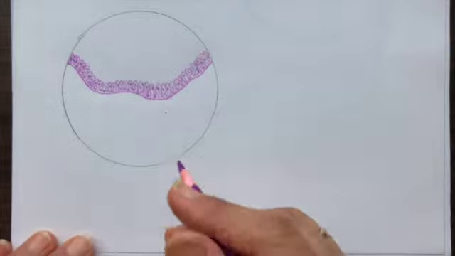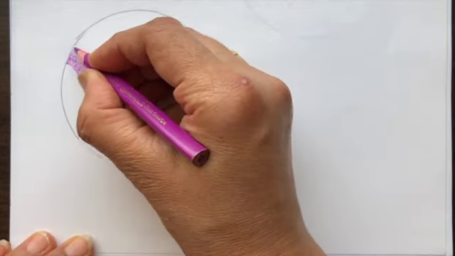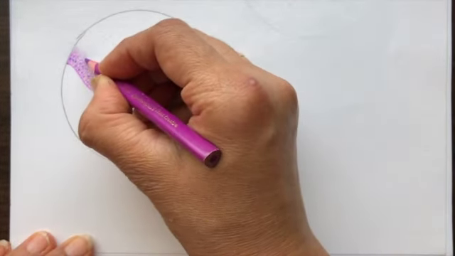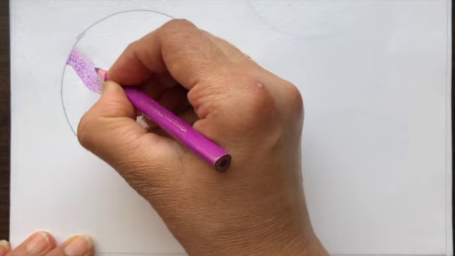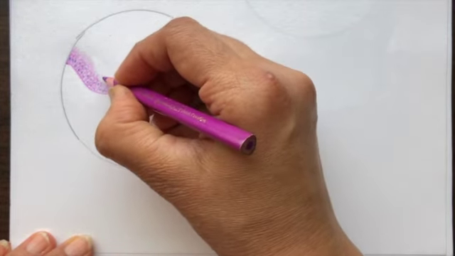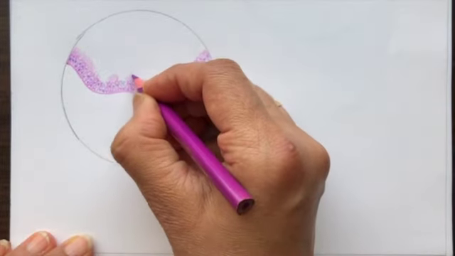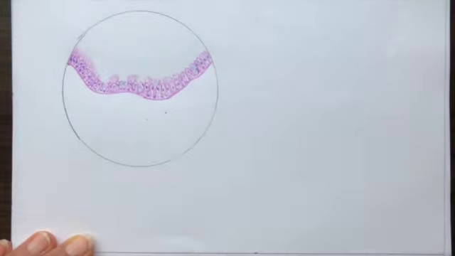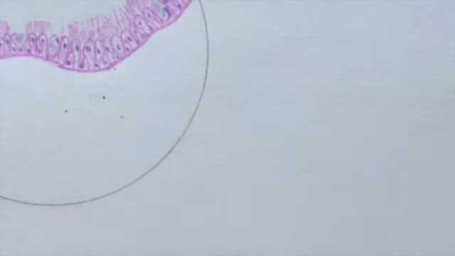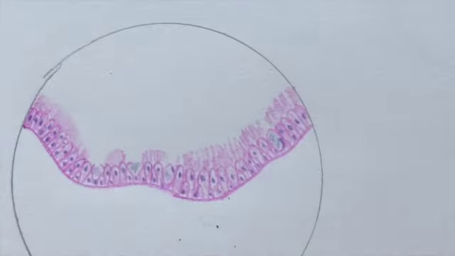Now we make the ciliation. So we just draw striations on top of these cells. In between you can leave a few cells to show that they are non-ciliated cells. So this is how we draw the epithelium on the basement membrane.